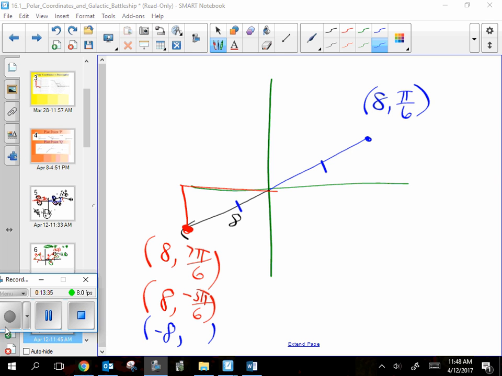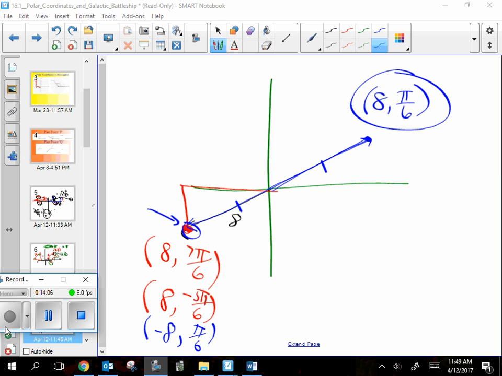Negative 8 comma pi over 6 is another way to write this point. Just ruling that out. Nope, doesn't work. Doesn't make any sense. Just think about it. If I am here and I ask you to go to the opposite of there, you'd kind of go, okay, fine, I went out here like I thought you meant, but no, I guess I'll have to go back the opposite way, and then you'd end up right there.